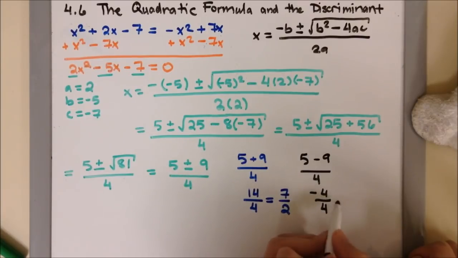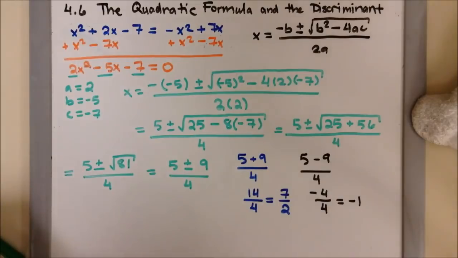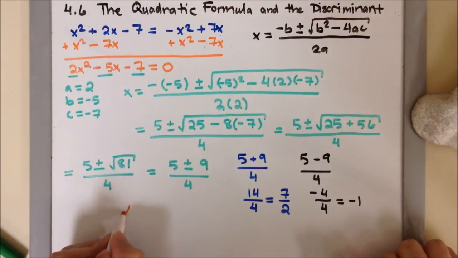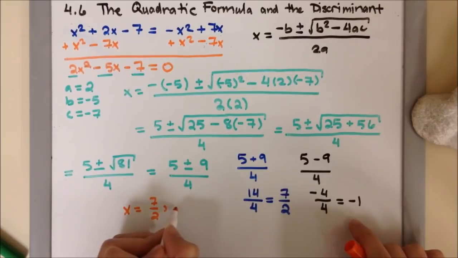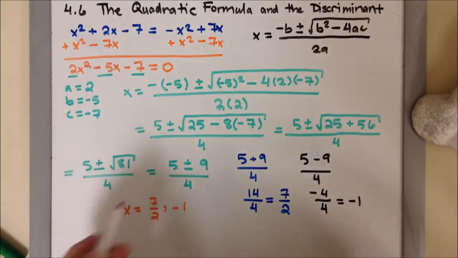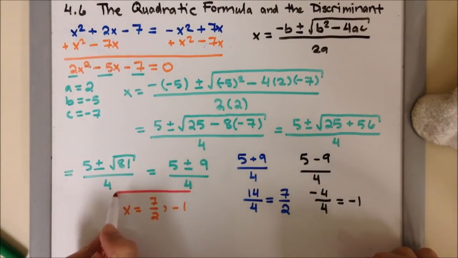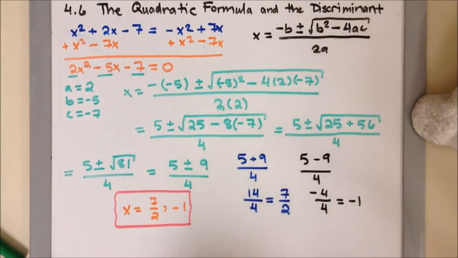Negative 4 divided by 4 will be negative 1. So, my two answers will be x equals 7 over 2, comma, negative 1. So those are my two answers. x equals 7 over 2 and x equals negative 1. And that's your final answer for this example.